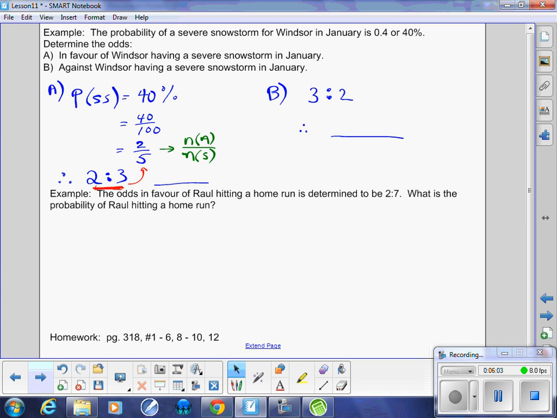So the last example I have here, the odds in favor of Raul hitting a home run is 2 to 7. So let's translate this just to make sure everyone's clear.